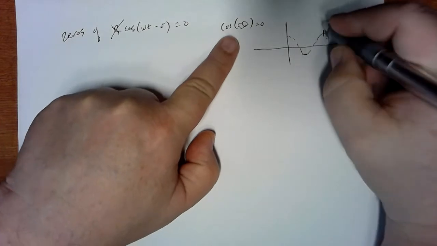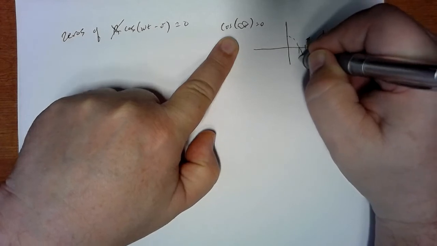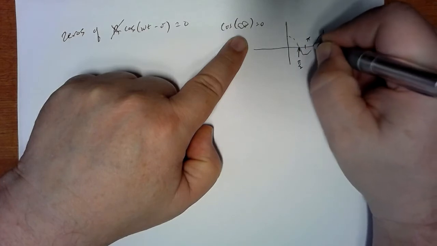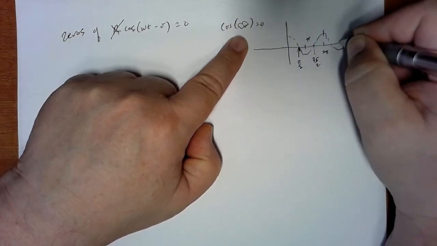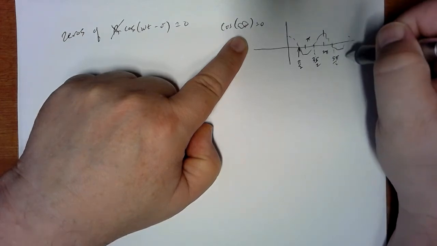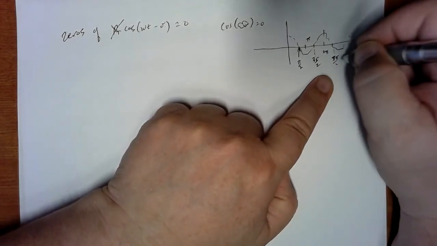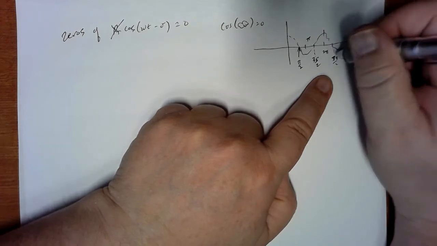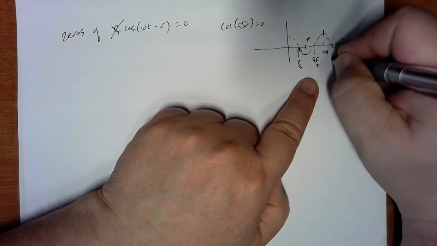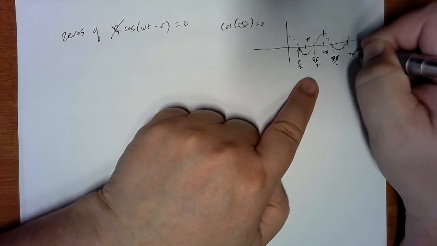we know that the normal cosine is periodic with period 2 pi. And so we know that the cosine function itself is 0 when we are at pi over 2, 3 pi over 2, 5 pi over 2, 7 pi over 2, and so on.